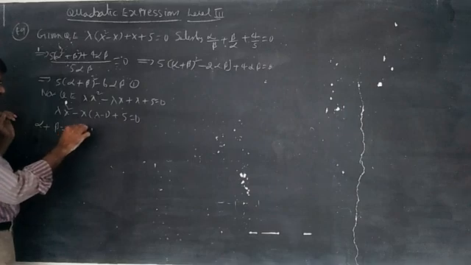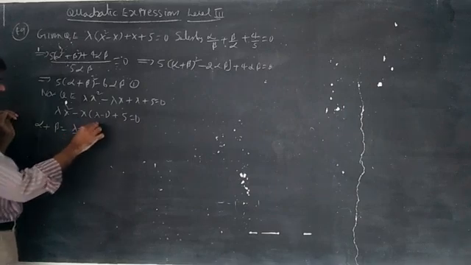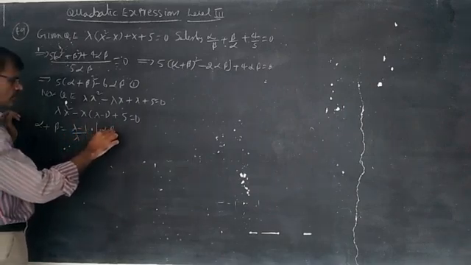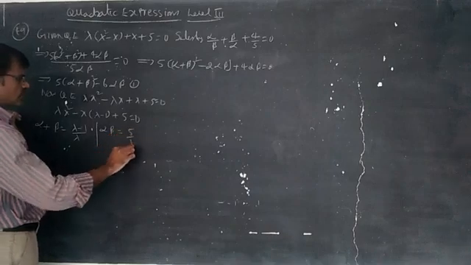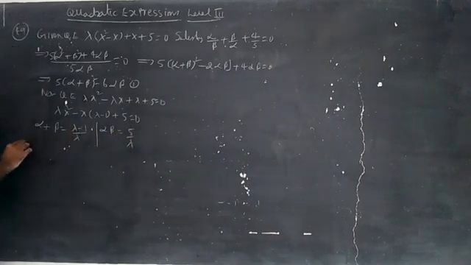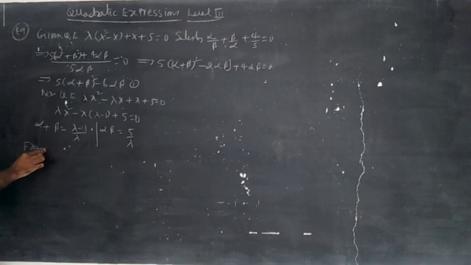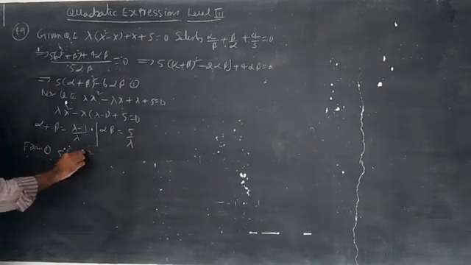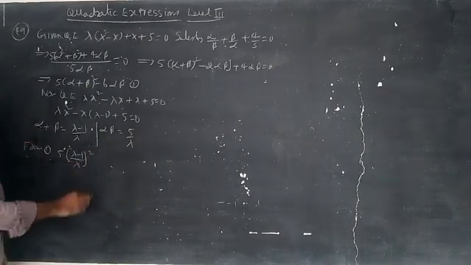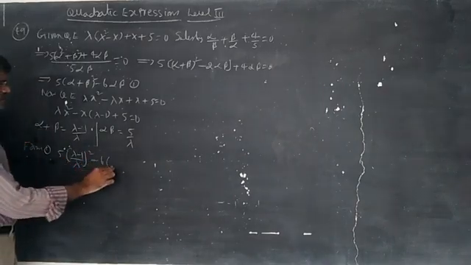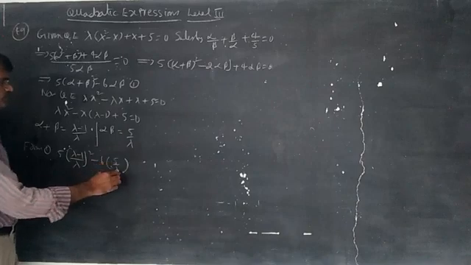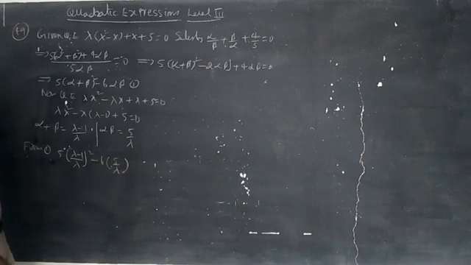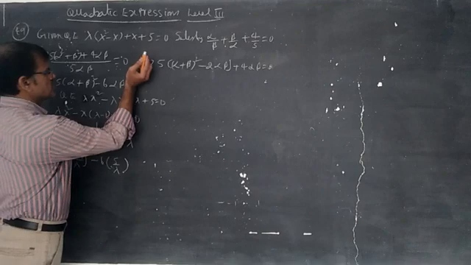That implies alpha plus beta is equal to lambda minus 1 by lambda, and alpha beta, the product of roots, is equal to 5 by lambda. Now you can write this in the first equation. From 1 we can say that 5 into alpha plus beta whole square, so 5 into lambda minus 1 by lambda whole square minus 6 into 5 by lambda, of course, this is equal to 0.